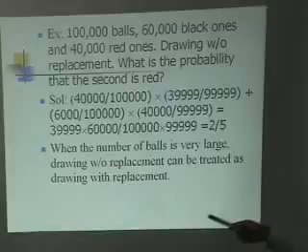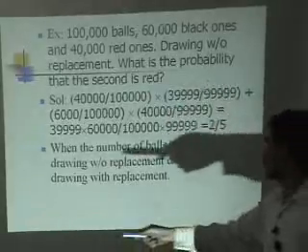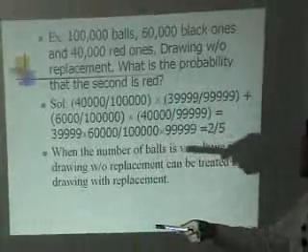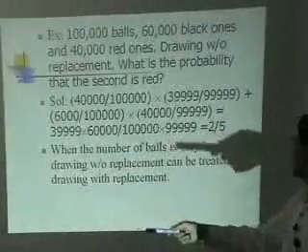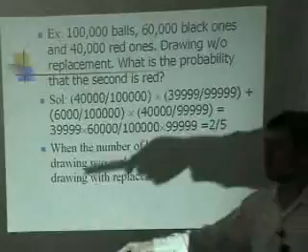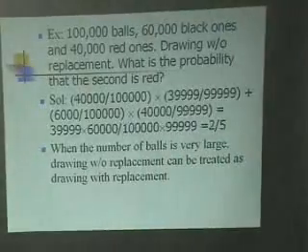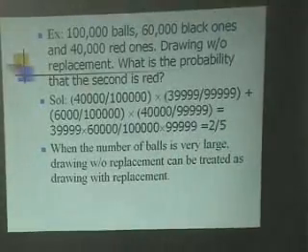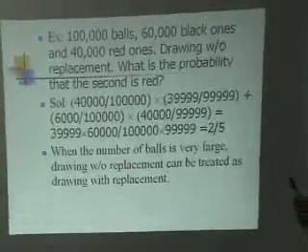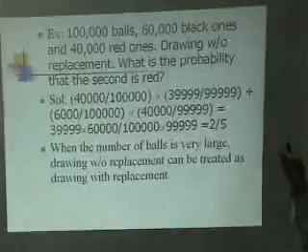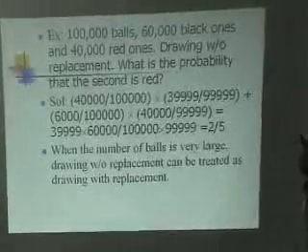But there is another important thing here. When the number of balls is very large, drawing without replacement can be treated as drawing with replacement. What does that mean? The number is just too big, so you don't have to worry about it. Let us say you have 1 million bolts.